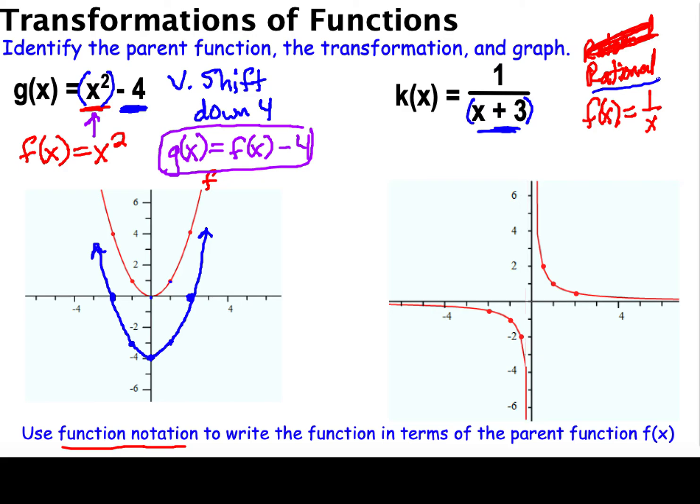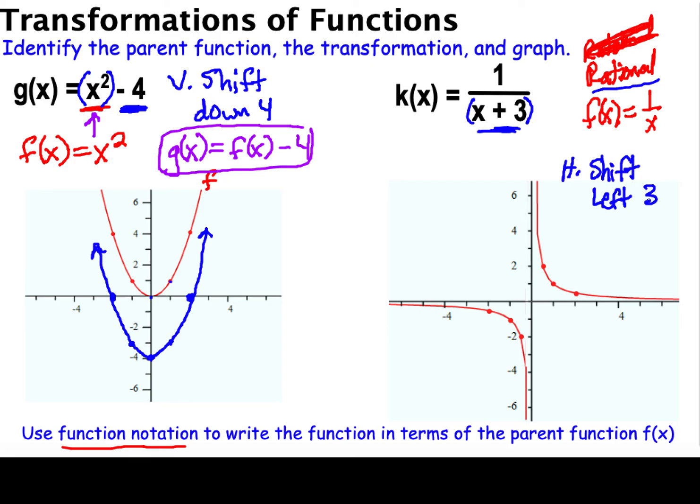So if I had to identify this function, I'm going to say that this is a horizontal shift, because we're adding. Addition, remember, always takes us to the left. Backwards is what we would normally think, right? Addition, my mind says positive. But again, that means we're going to the left 3 units.